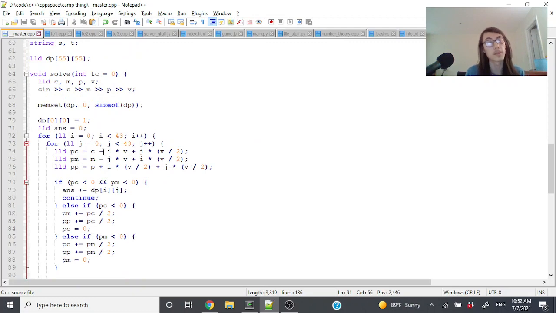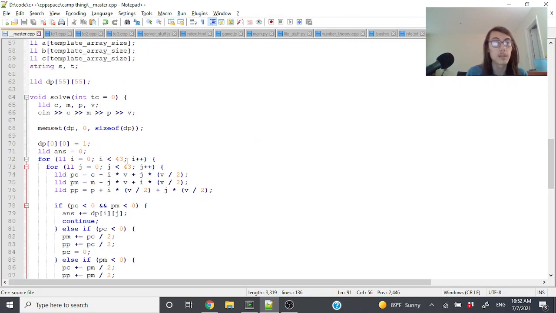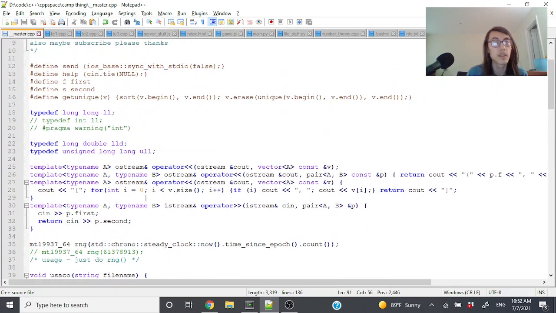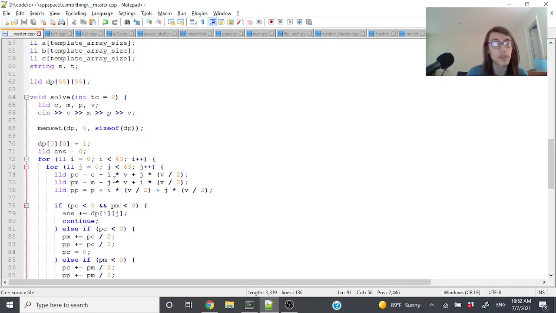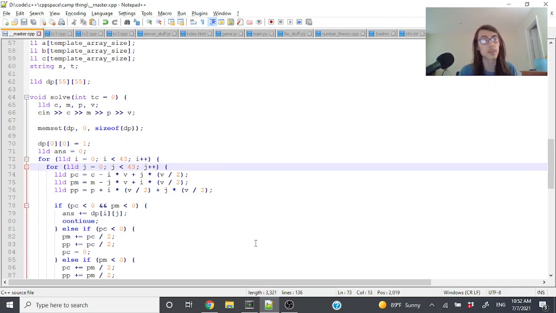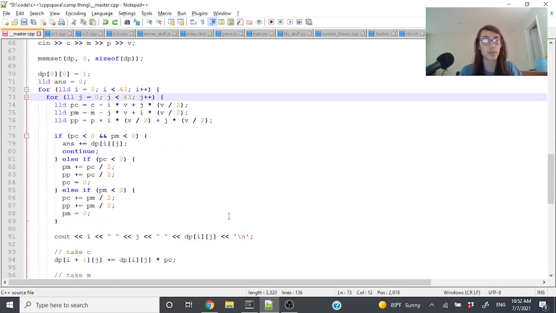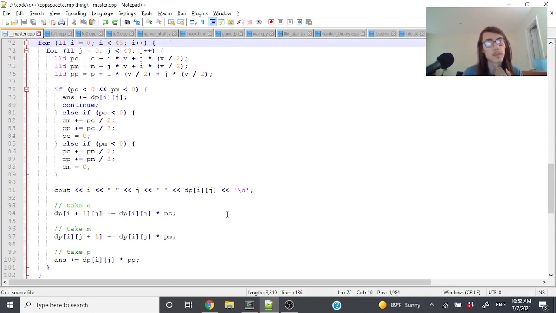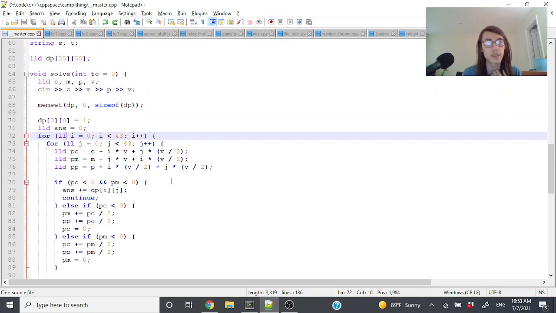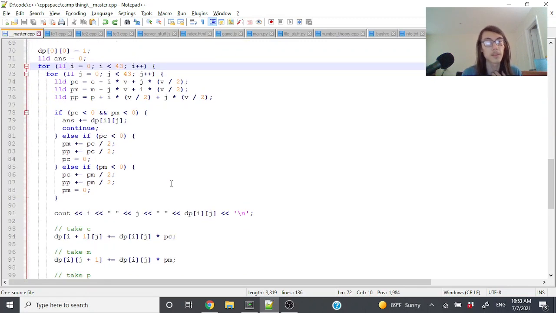Oh, wait. No, wait. DP is double. Is anything not double? These are doubles, this is double, these are doubles. I guess that shouldn't be an issue. Actually, that would be a problem if I do that. These don't have to be doubles though, because V is a double already. V over 2 is valid.